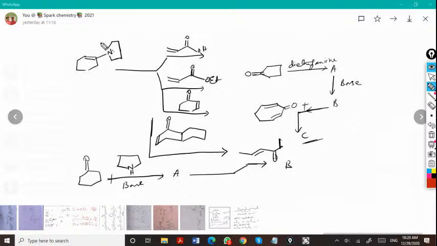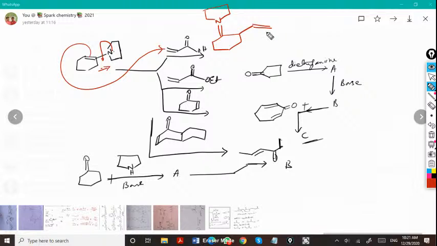So if the starting material is this and it attacks onto the Michael acceptor, the resulting product will be: it moves here, so it will be a double bond, and here bond formation will be there, so the double bond is left as a single bond and OH.